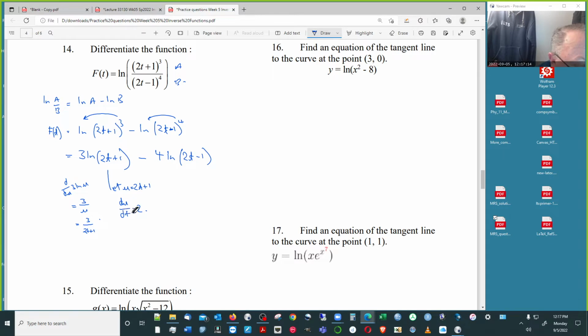Now we're going to put them together, so that side will be 6 over 2t plus 1. That's done.